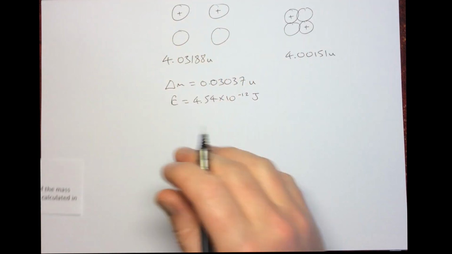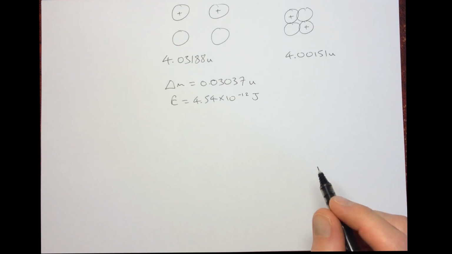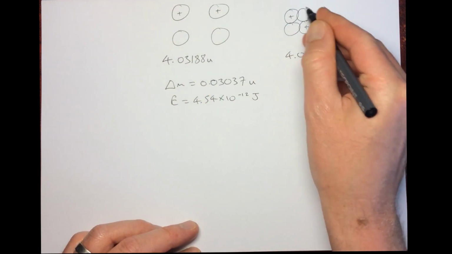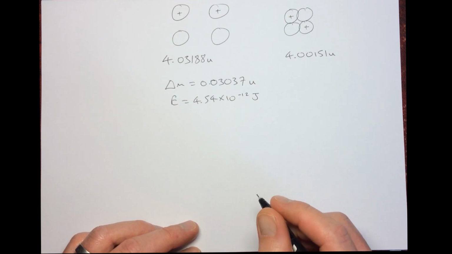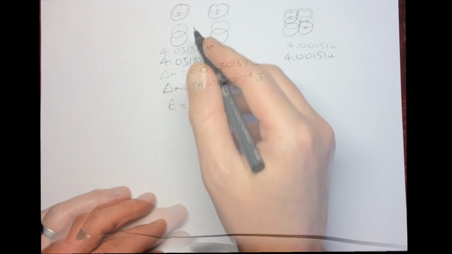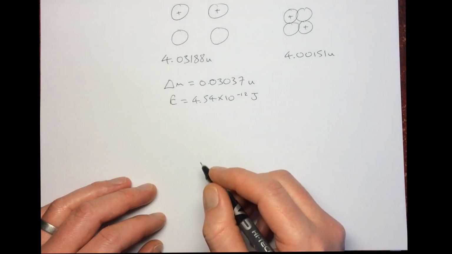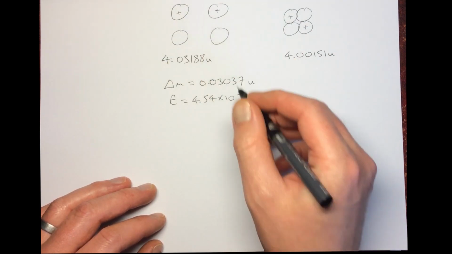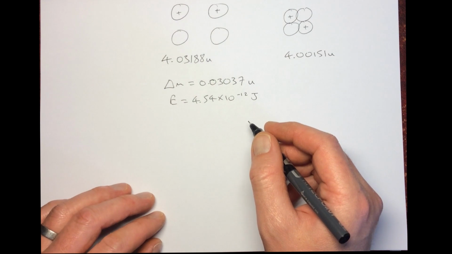So what we had here was, here are our 4 individual nucleons, and this is our combined helium nucleus, okay? So these are 2 protons and 2 neutrons that are completely dissociated from one another, okay? So they're so far apart that they don't feel a strong force, and they have no interaction with one another, so to speak.